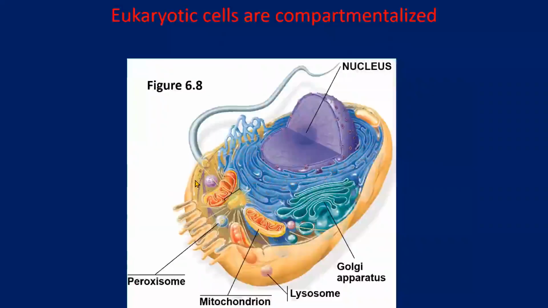Now, when you think about it, eukaryotic cells are very, very different. What you notice is there are a lot of organelles over here. You might have a very similar thing, like ribosomes.